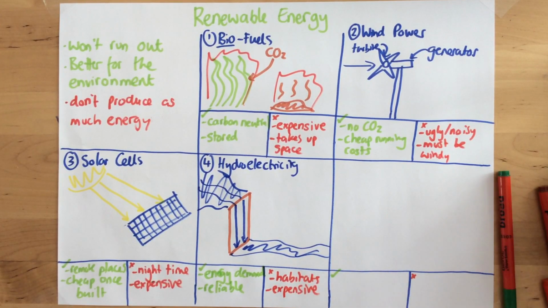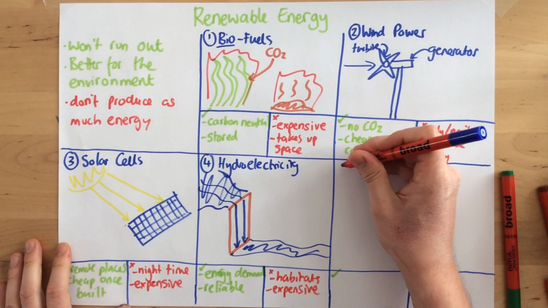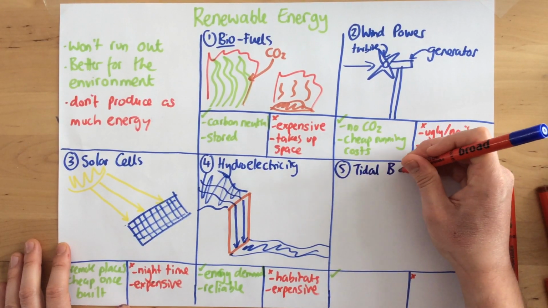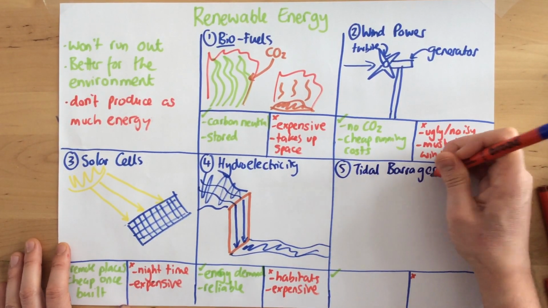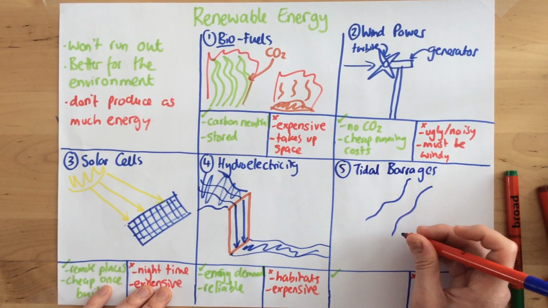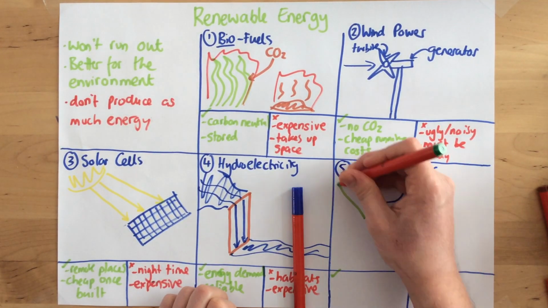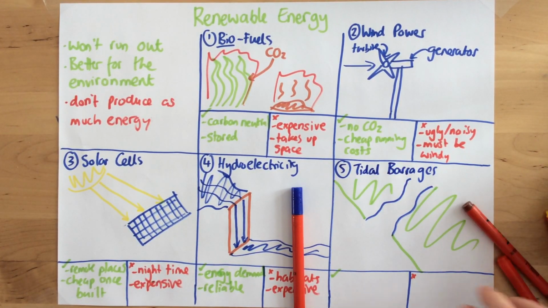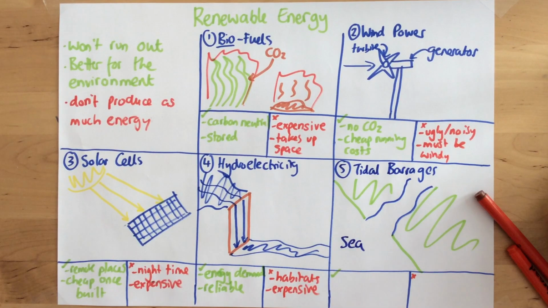Now the final type of renewable energy we're going to look at is tidal barrages. Now a tidal barrage works like this. Here I have a river meeting the sea. So this bit here, where I'm shading in green, this is the land, and this bit here is the sea.